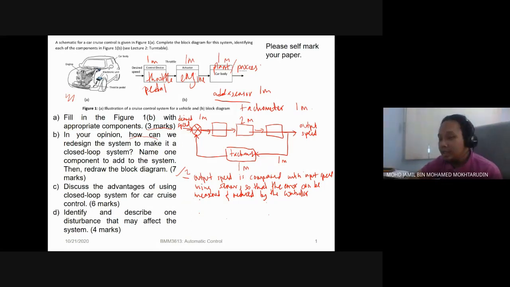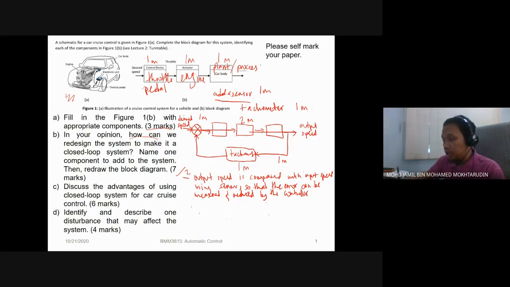Okay, any more? So kalau tadi kita tengok soalan D. So kalau soalan D, identify and describe one disturbance that may affect the system. Okay, so disturbance is any external things that can cause the speed, the output speed or the actual speed of the car to reduce or to increase. Okay.